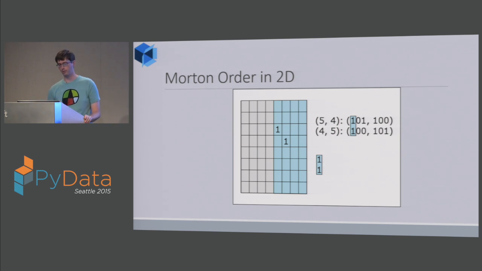So we start with the x coordinate. I've picked two coordinates: this is 5, 4 and 4, 5. And I've gone down to 3-bit numbers. So the first one is 1s, and so it's on the rightmost side.